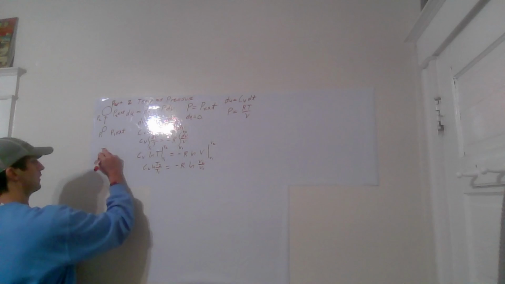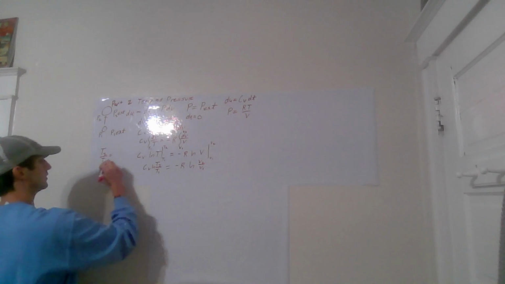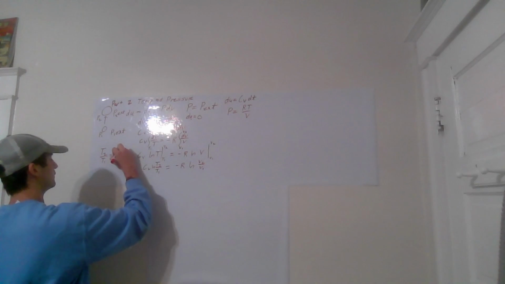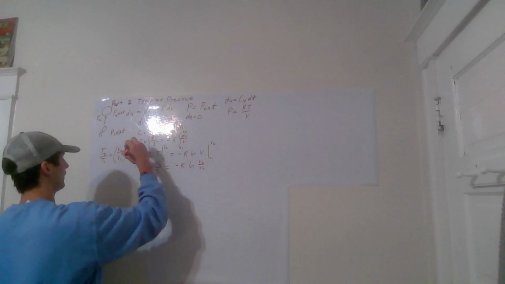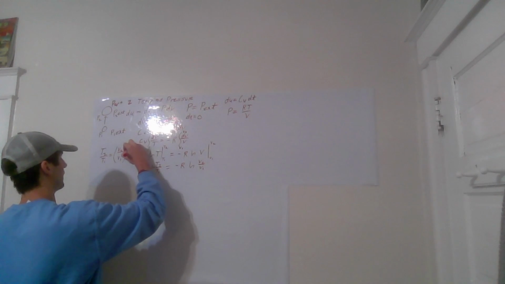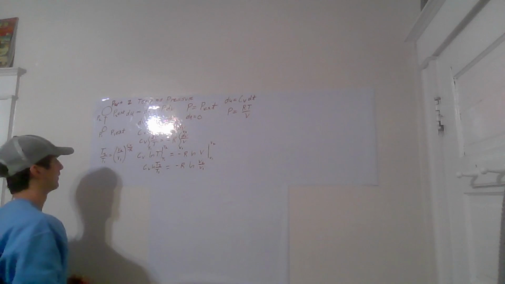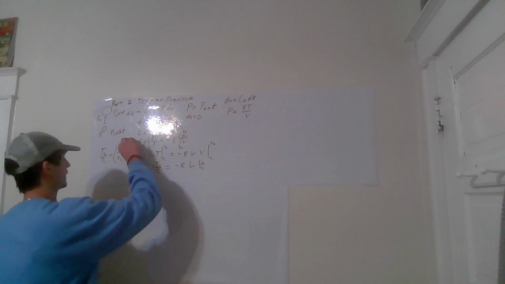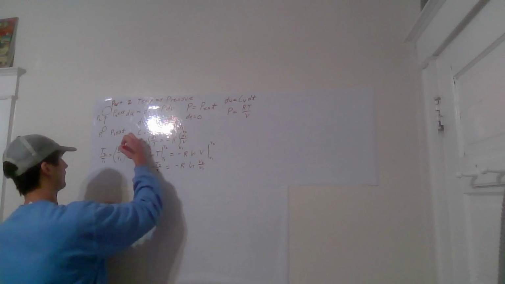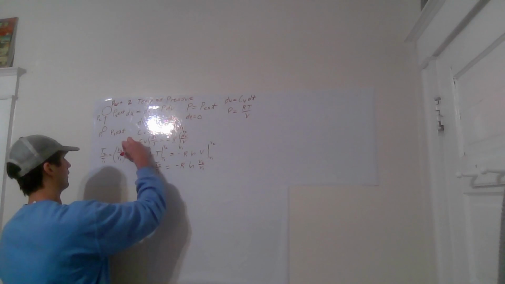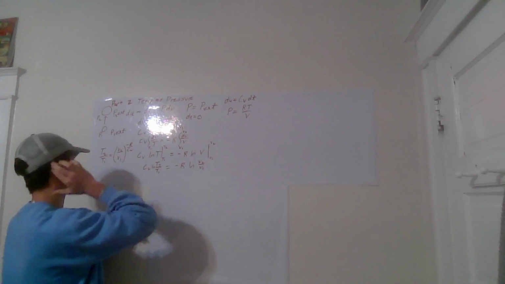Our T2 over T1 is going to be equal to our V2 over V1 to the power of our negative R over our specific heat. Actually, this needs to be our negative R over our specific heat, not our specific heat over our R.